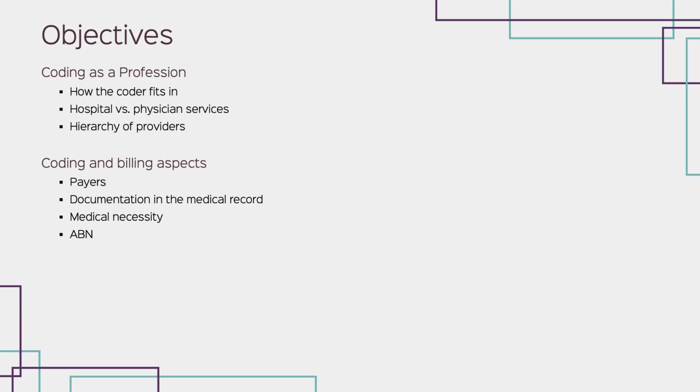Although some coders will not be involved with the billing process, it is important to understand some of the billing aspects in order to perform your job duties more effectively. We will discuss the different types of payers for medical services. We'll talk about the RBRVS system for the fees, medical necessity, and then the advanced beneficiary notice, or the ABN, as it relates to your physician services.